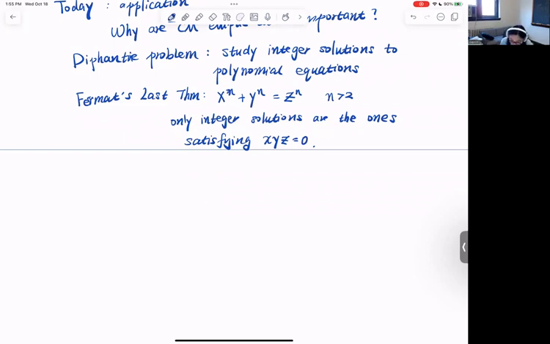Okay, so then in general, the Diophantine problem starts as integer solutions to polynomial equations, which is the same as saying studying rational points on algebraic varieties.